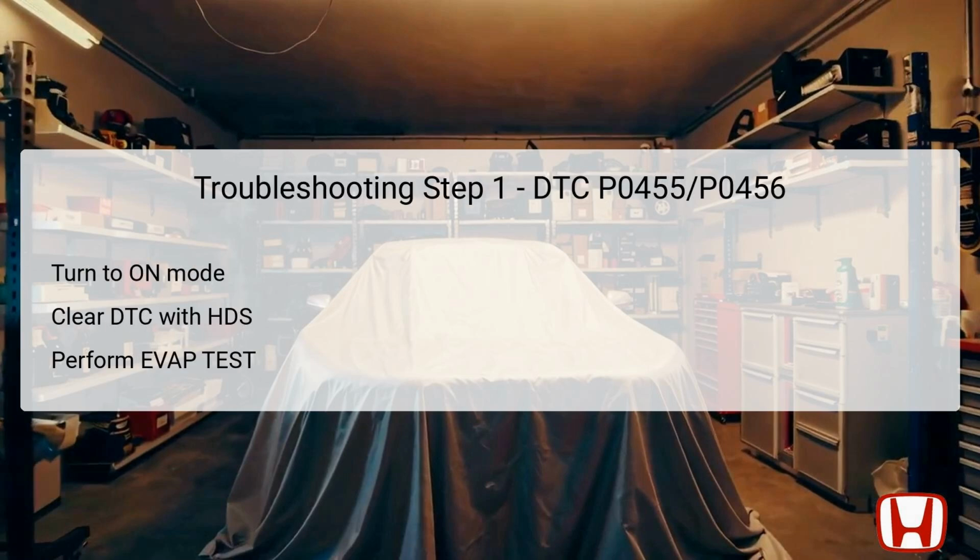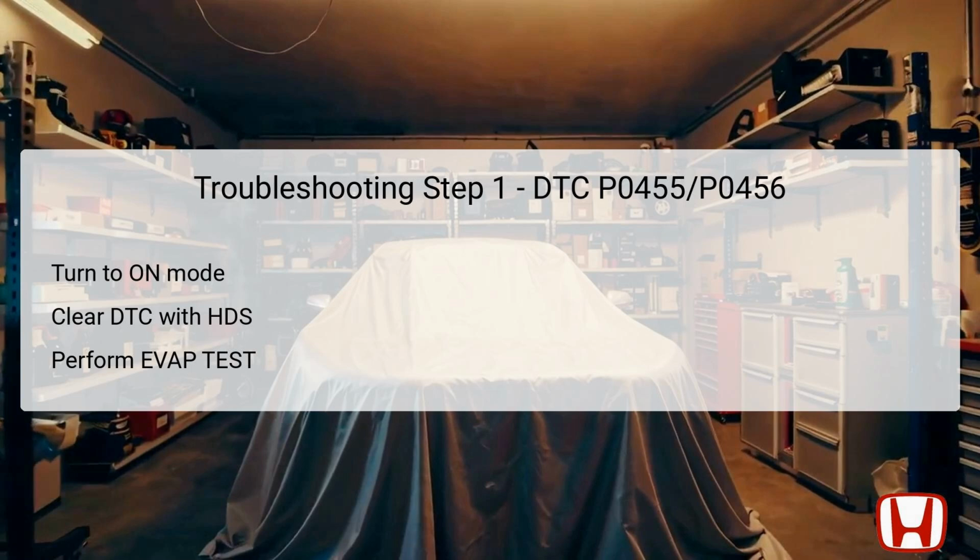The first step in troubleshooting DTC P0455 and P0456 involves verifying the problem. Start by turning the vehicle to the on mode, which energizes the electrical systems without starting the engine. Next, utilize the Honda Diagnostic system, known as HDS, to clear the existing DTC.